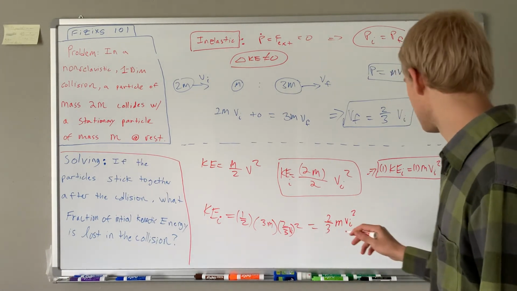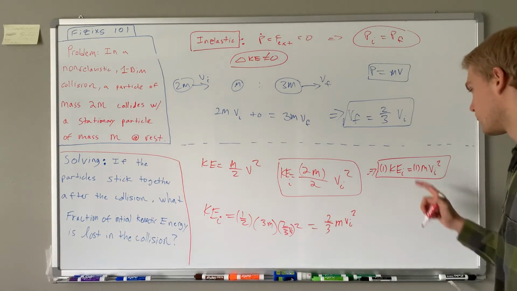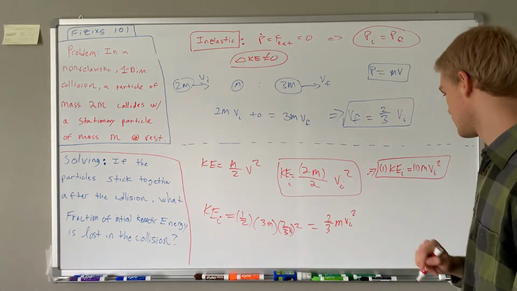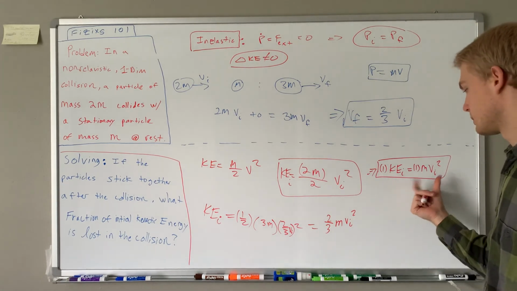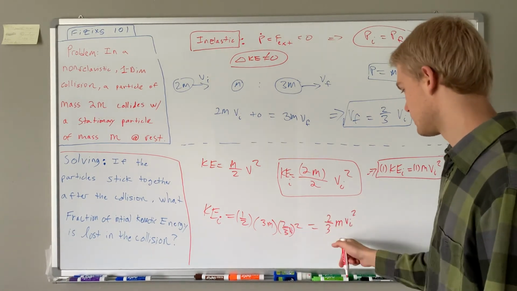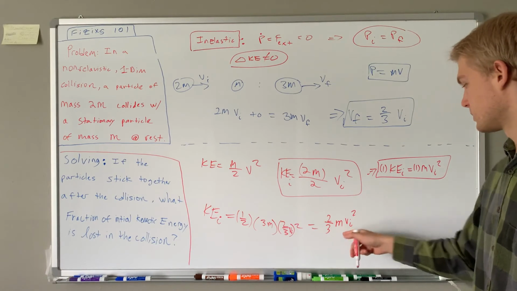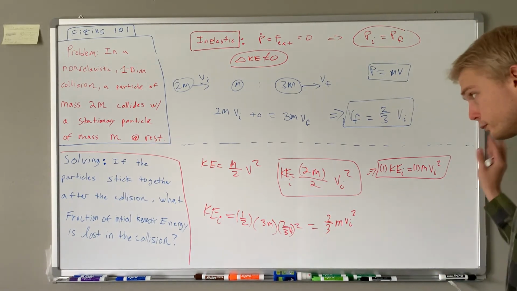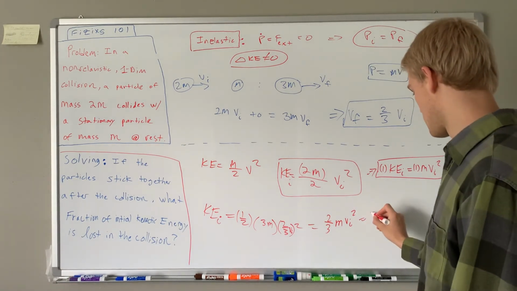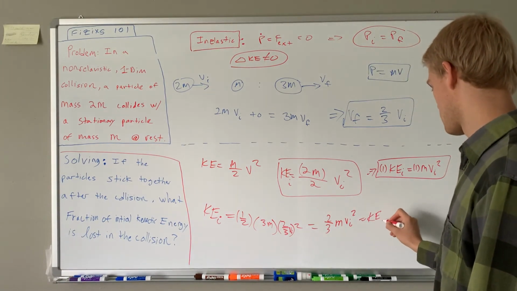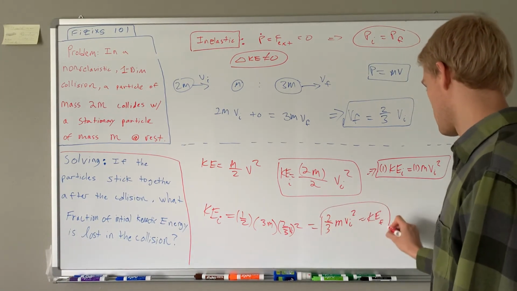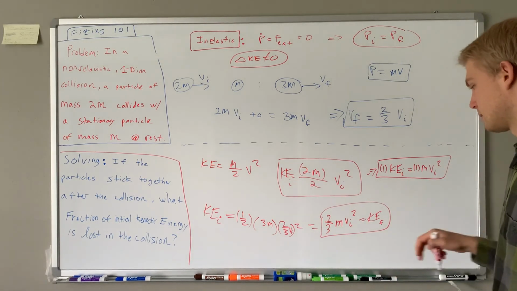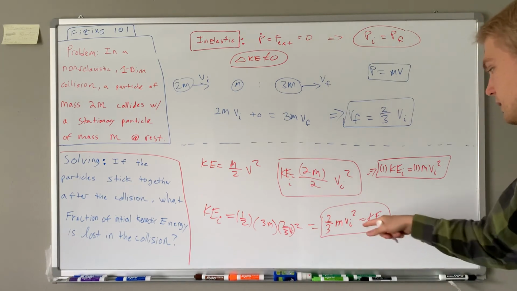And then you can easily tell you had 1 unit of kinetic energy in the beginning with this relation, and we now have this kinetic energy in the end, in the same units or dimensions. We know 1 m vi squared is equal to 1 unit, so you basically just subtract them and see how much was lost.